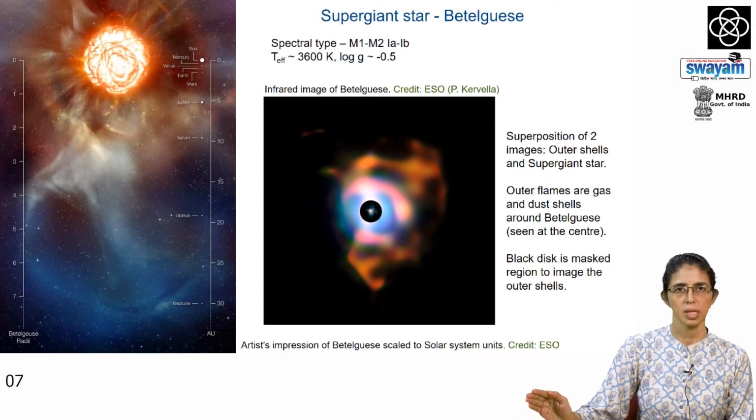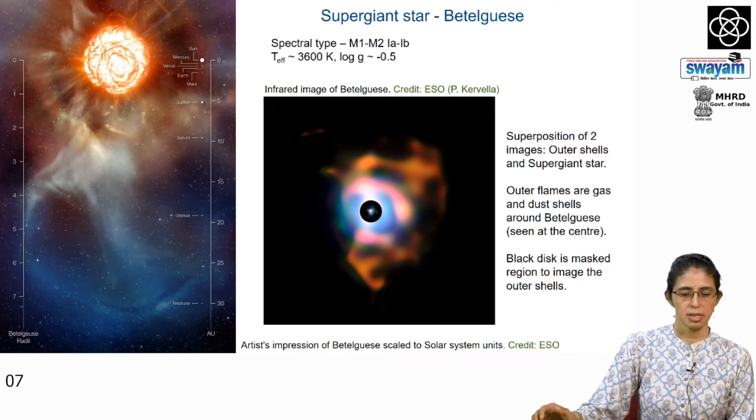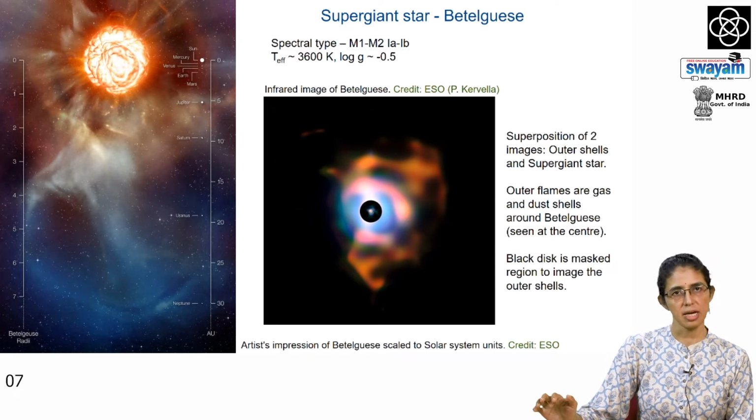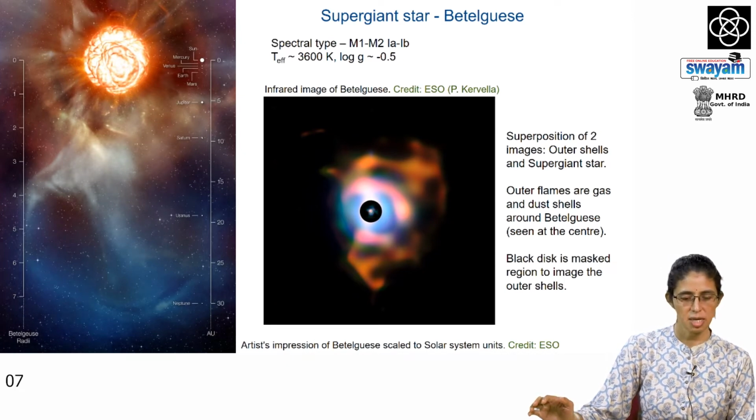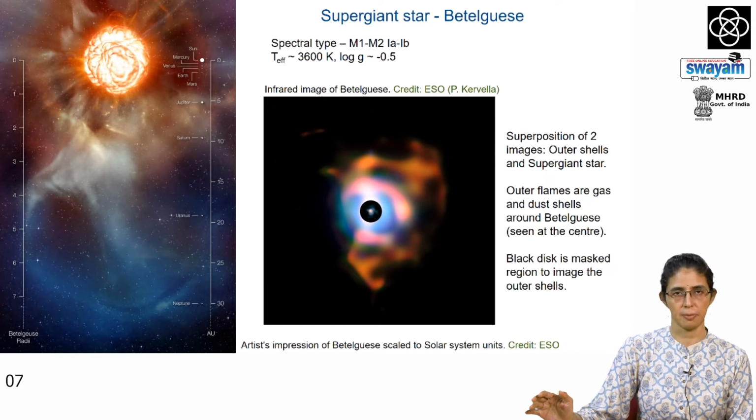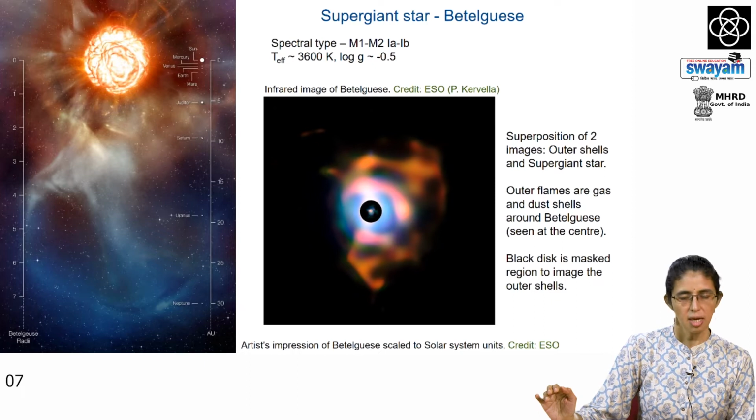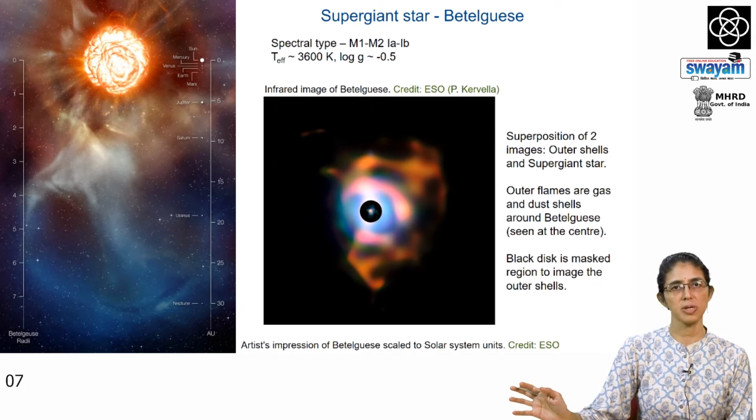So, on the left panel there is a vertical line which shows the scale of the solar system. For example, the size of this supergiant star Betelgeuse is found to extend to Jupiter, and the mass loss extends to a much larger distance, approximately 30 AU.